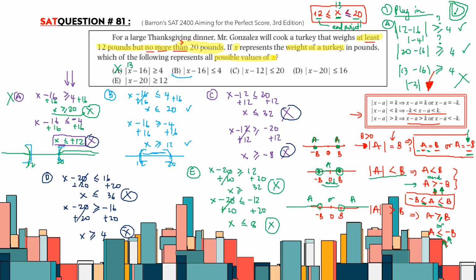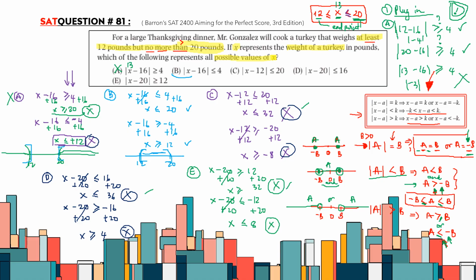So we can just stop there because it's not matching the right end, the maximum end. And C, we stop at the first one. D, E, just stop at the first one when you see it's wrong.